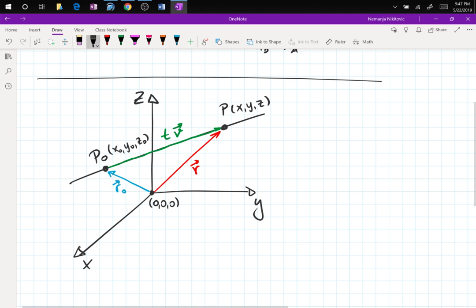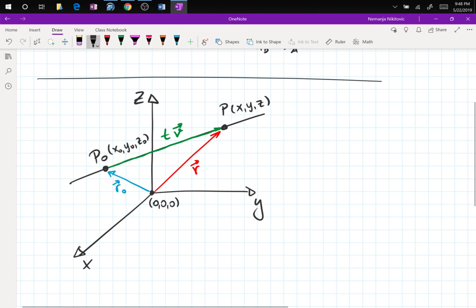Vector v is any vector in a direction that is on this P to P0, which is actually the direction of the line. So any vector in that direction. It doesn't have to necessarily be the exact one that we need. We just need its direction, and then t is going to scale that.